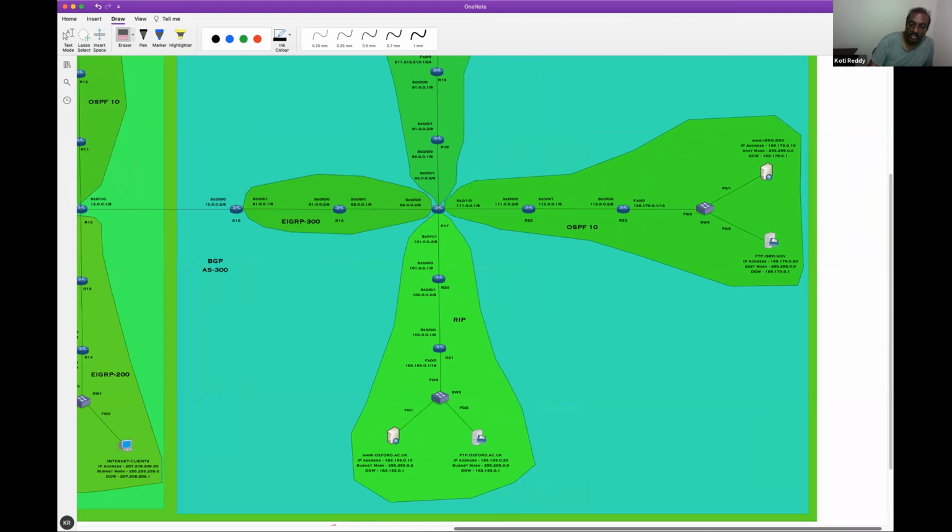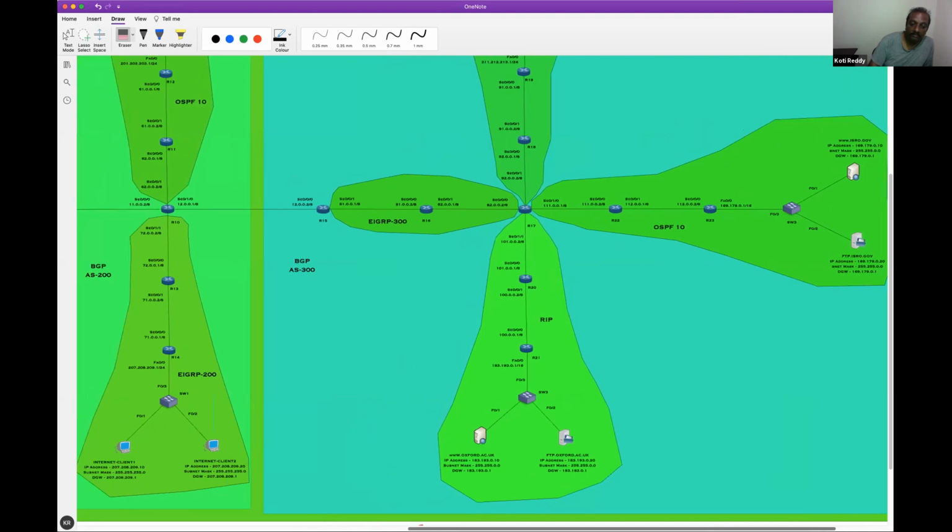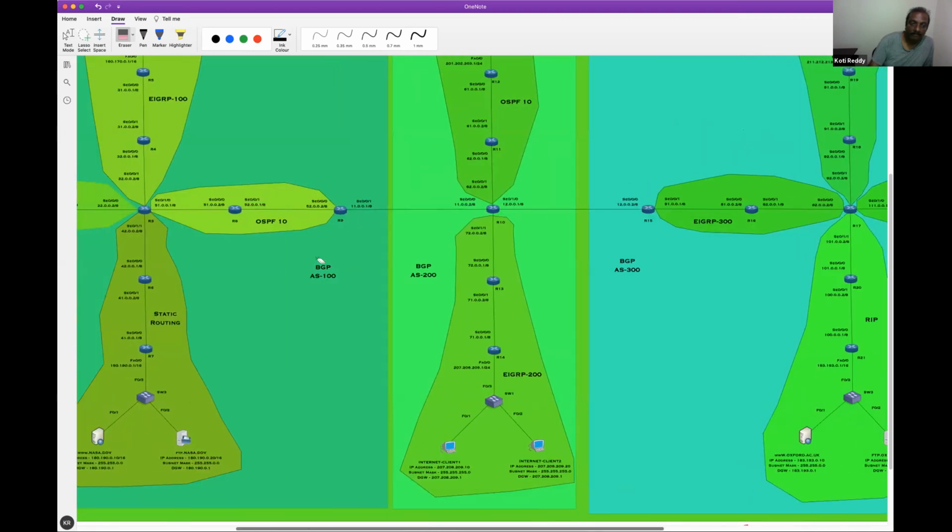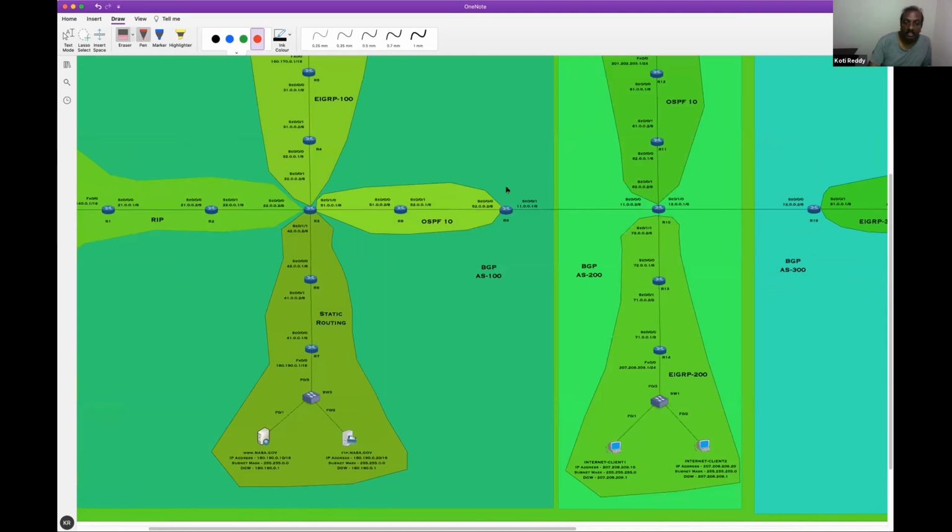So all these routes have come till ISP1. They all have come till this router, right? Because of our redistribution, they all have come till here.